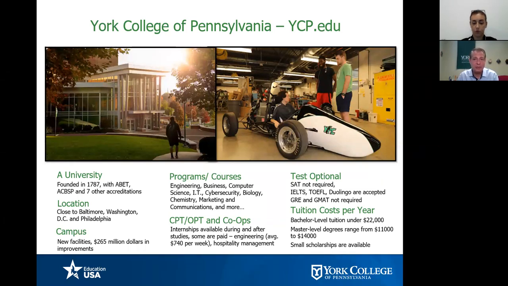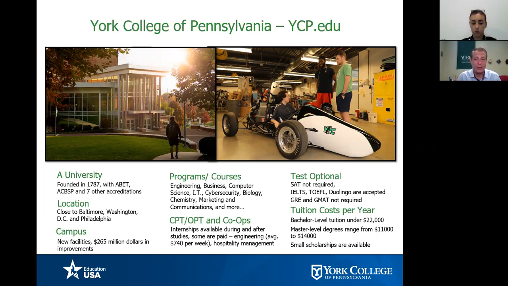This is a big deal for schools in the United States. It takes at least 5 years to get, and a number of applications and inspections. They do site visits and so forth. So that is a big deal, and we're ACBSP accredited for business.